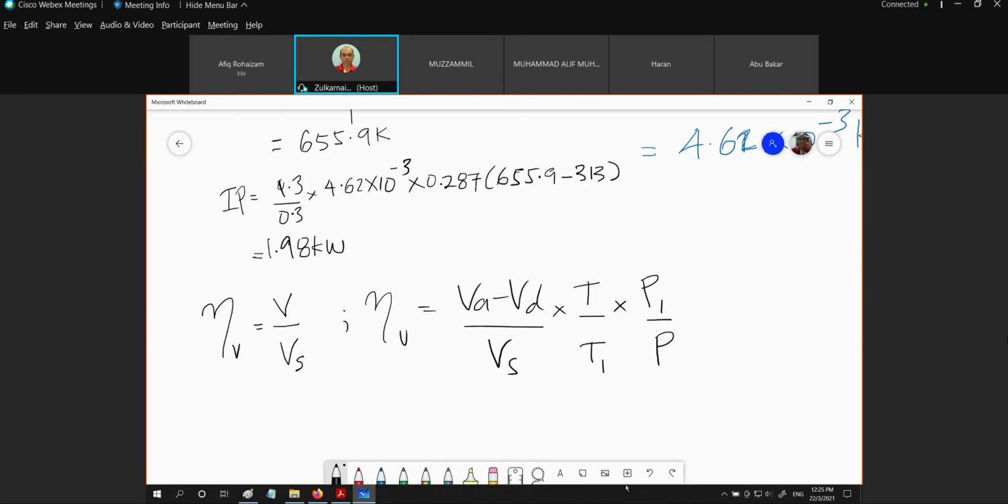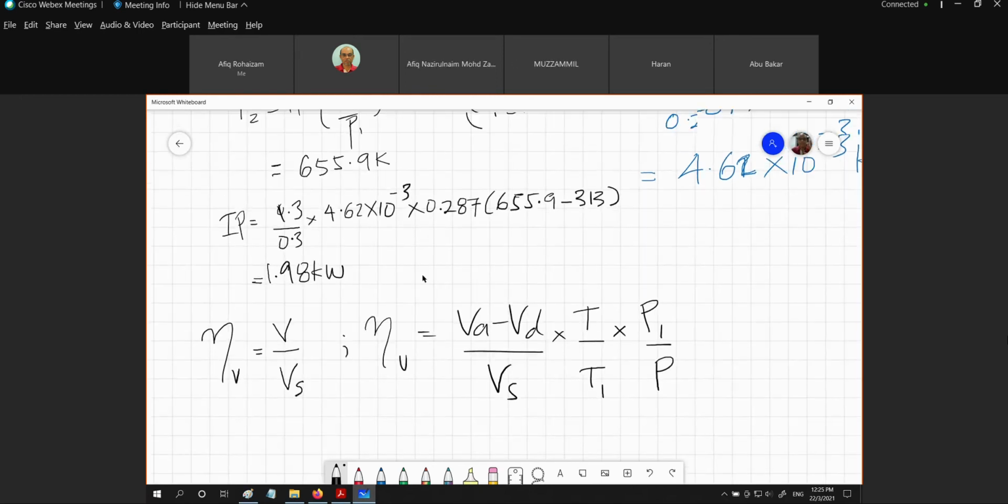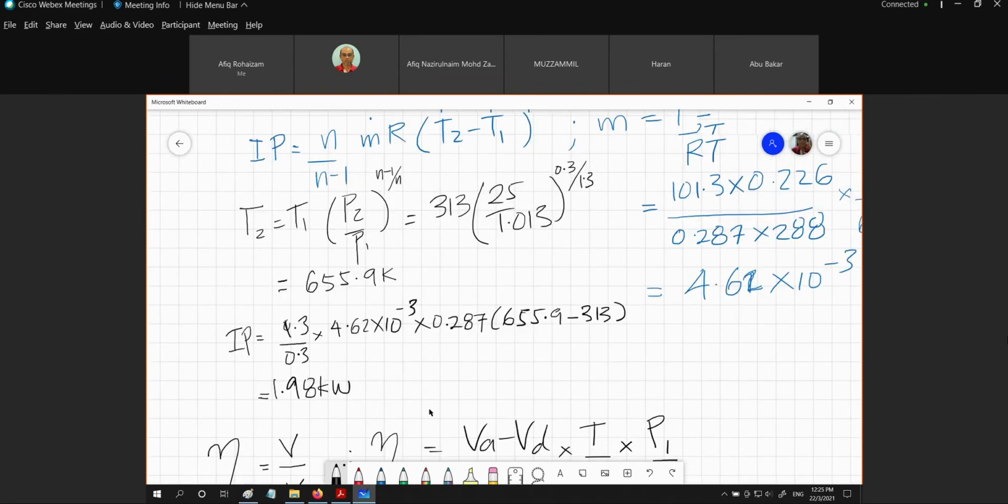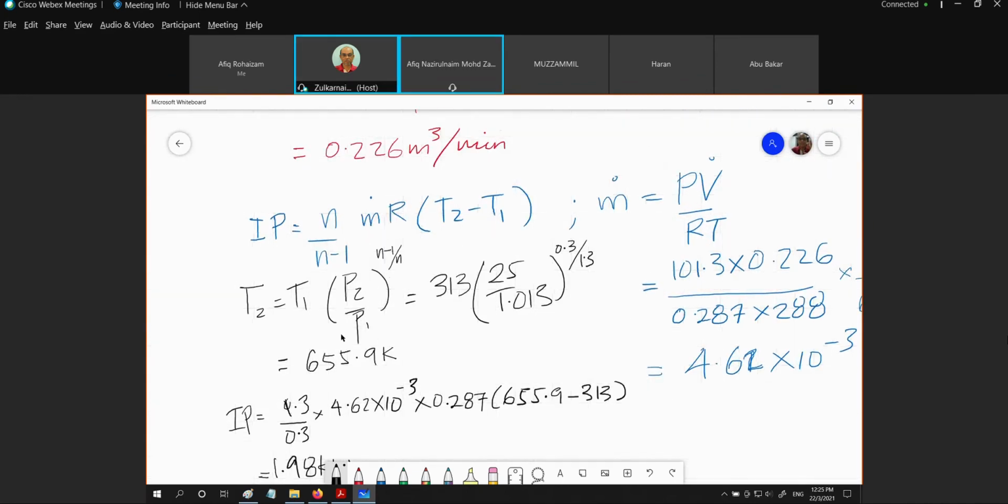Kata yang dekat T2 tadi tu P1 kita pakai 1 ke 1.013? Oh, salah. Thank you very much. Ni salah nampak tu. Kita guna di sini ialah 1, bukan 1.013. Guna 1.